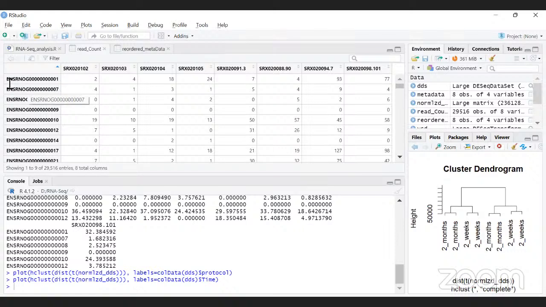That would be in the rows, and then the samples in the columns. So the answer is these are genes right here. Depending upon your alignment, if you're using a transcriptome specific alignment, then you would have reads pertaining to those transcripts, but you treat them the same way.